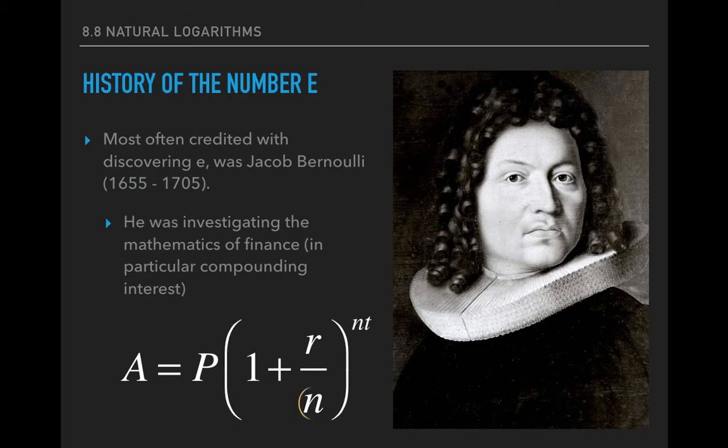His curiosity was, if I take n and just make it larger and larger so that it's compounding faster and faster, will I just keep growing my investment, or what's going to happen there?